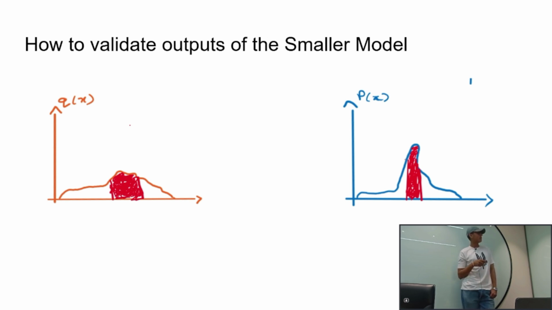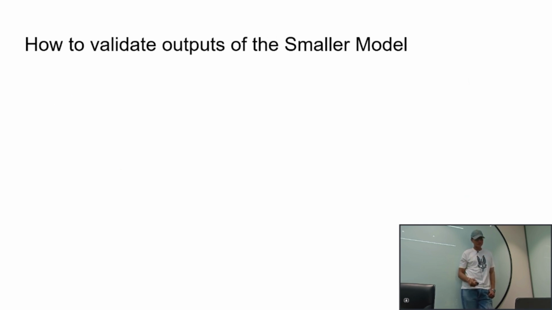The red shaded areas for both q of x and p of x denote the areas from which my token, whether predicted using the large model or the small model, will be sampled, because these are the areas of maximum probability. So if I take a token from p of x, it would be coming from this red area, and if I take it from q of x, it would be coming from this area.